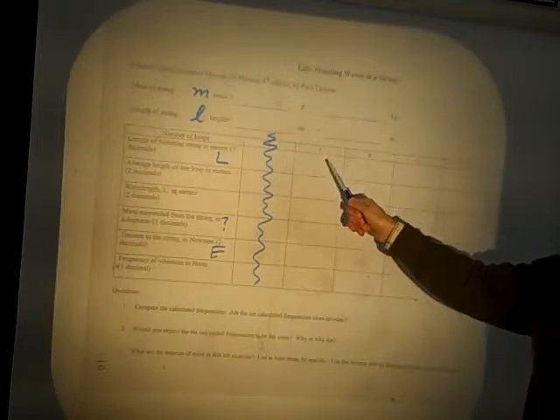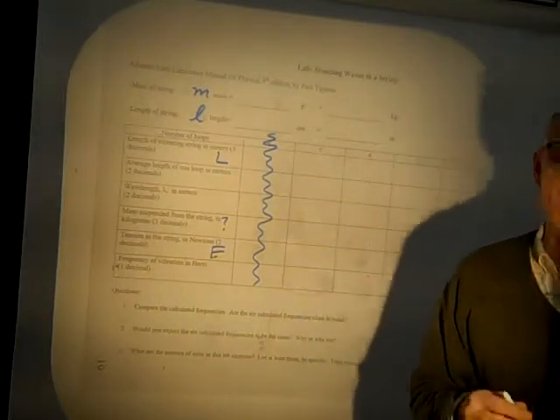So I would start off with the one loop, 2, 3, 4. Now when you get to 5, again, I wouldn't spend too much time on that. You could give it a try, but if it really isn't working out, then you could just cut your losses and go with the 4 standing waves. And then also there are questions to answer at the bottom.